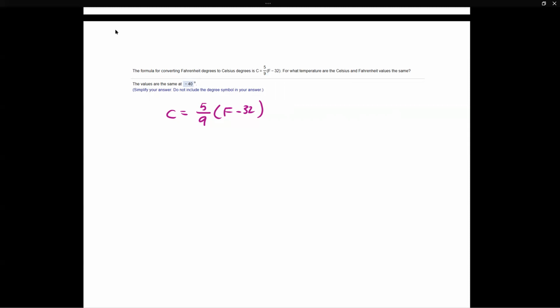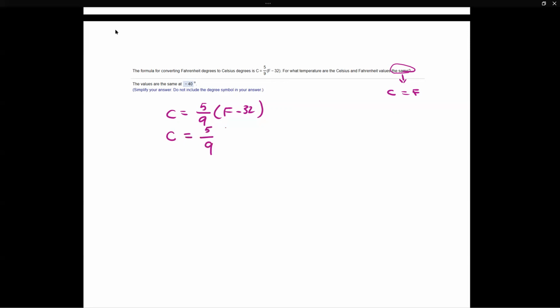But here the question is nice. It's actually trying to ask us: is there a value where they're both the same? So here we're going to use this keyword, the same. What does the same mean? C is the same as F, right? So we can keep this whether we want it in terms of C or in terms of F. So it just means we need to solve it.